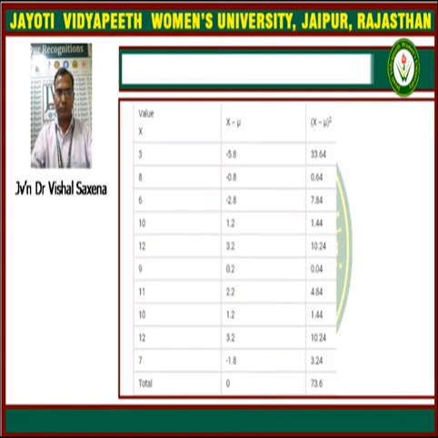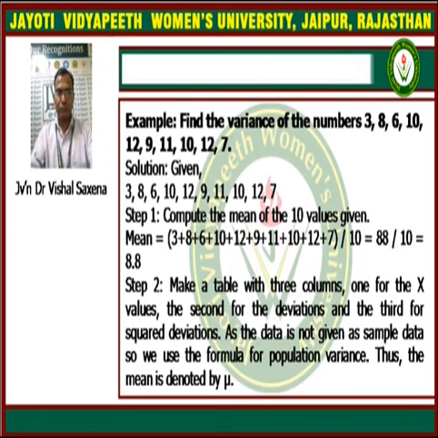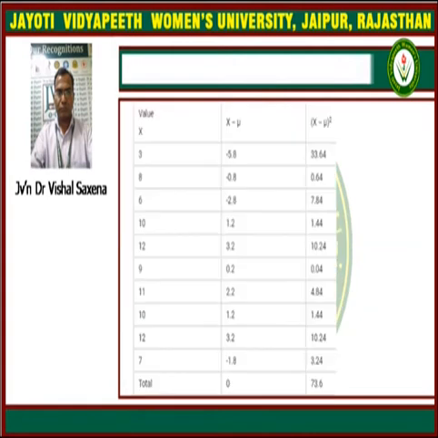First of all, the mean value is what we have already obtained, 8.8, that is the value of mu. In the second column we have to find x minus mu, like x is 3 minus 8.8, so it is minus 5.8.